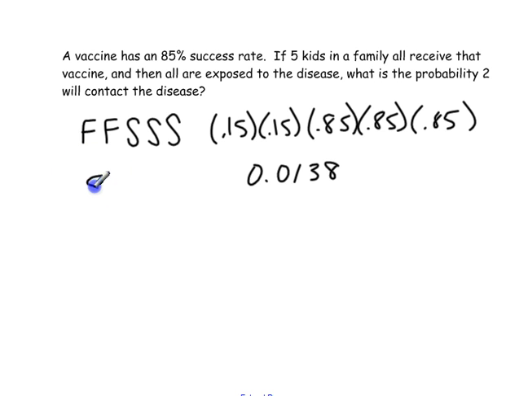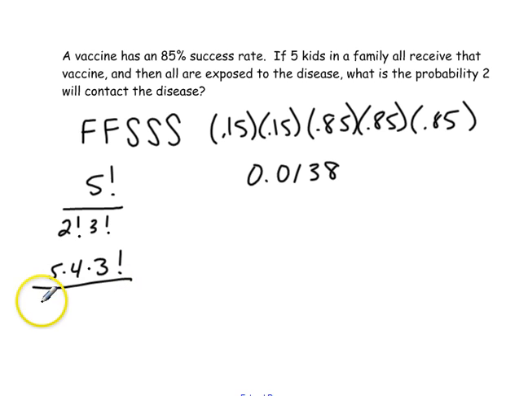We have 5 letters, so that's 5 factorial, over, we have 2 F's, so 2 factorial, and 3 S's, 3 factorial. So 5 times 4 times 3 factorial over 2 times 1 times 3 factorial. You get 20 divided by 2 is 10. That means there's 10 different ways these letters can be ordered.